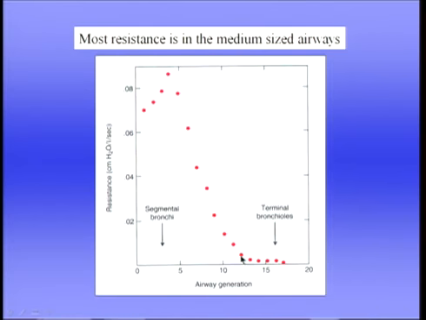This has important implications. This region of the lung where the resistance is small, in the small airways here, is sometimes called a silent zone. And the reason it's given that name is that it's difficult to pick up changes in resistance in this region of the lung.